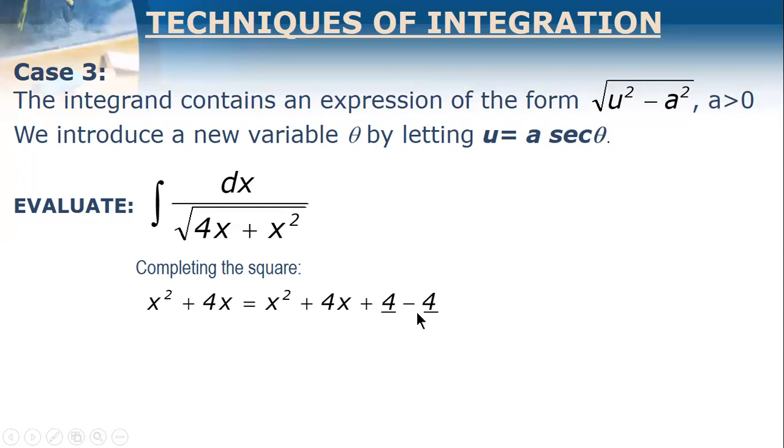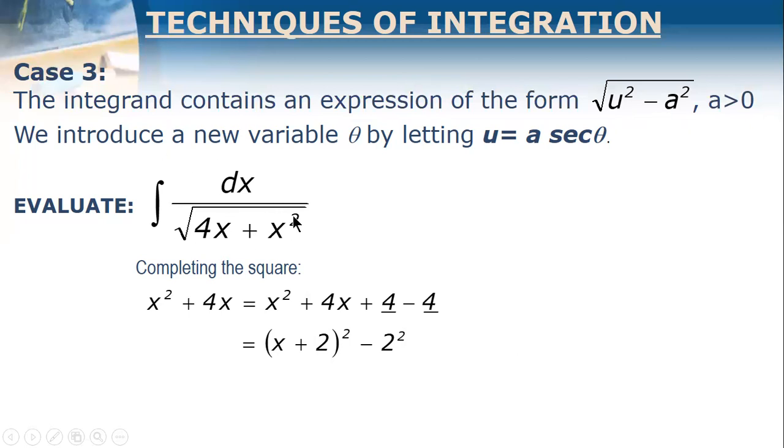But after this modification, this will result in x plus 2 squared minus 2 squared. Therefore, the original radicand 4x plus x squared is converted to this form, which conforms to u squared minus a squared.